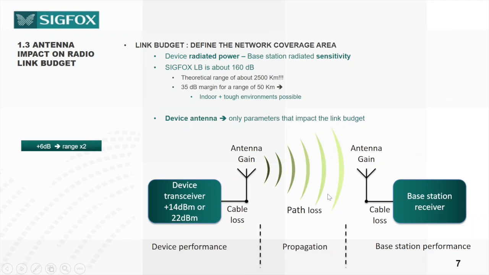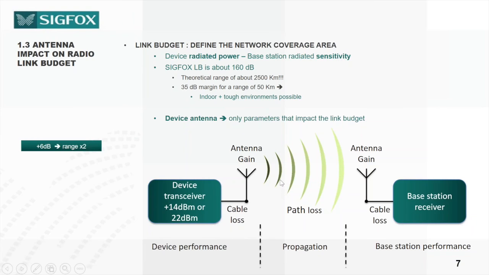And that means that if we don't have any perturbation, the theoretical range between a device and a base station can be about 2,500 kilometers. So we can have a distance between the object and the base station that is quite huge.